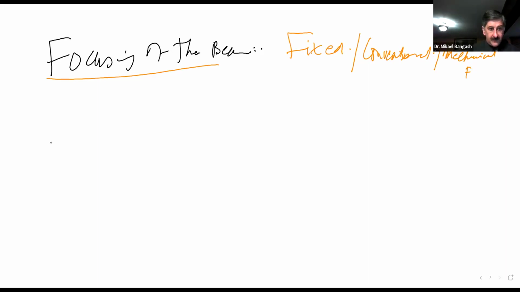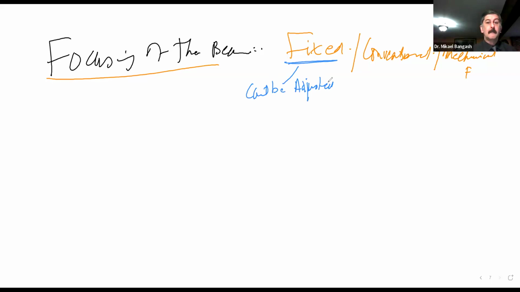Now, when we say that it is fixed, which mainly means two things. One is fixed in the sense that it can't be adjusted. Clear?